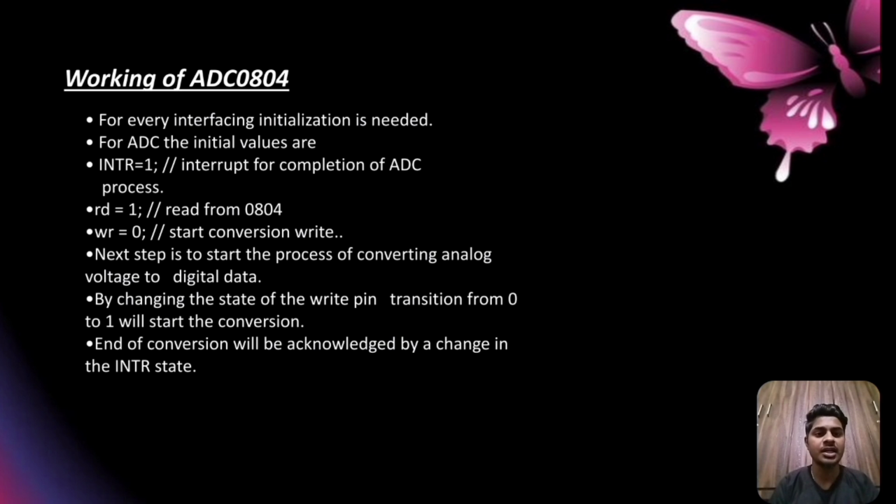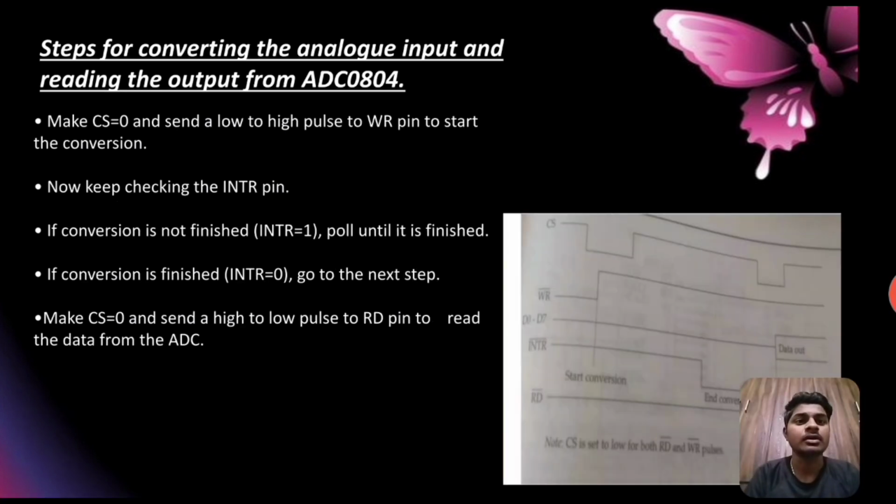By changing the state of the write pin, a transition from 0 to 1 will start the conversion. The end of the conversion will be acknowledged by the change in INTR state. Steps for converting an analog input and reading the output from ADC0804: make CS 0 and send a low to high pulse to the WR pin to start the conversion.